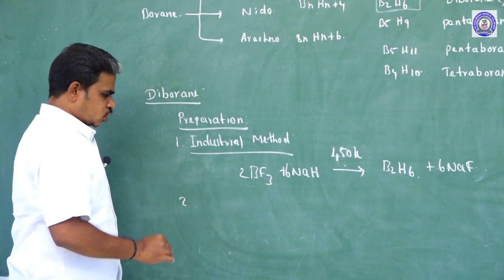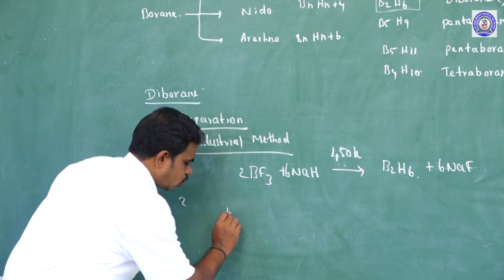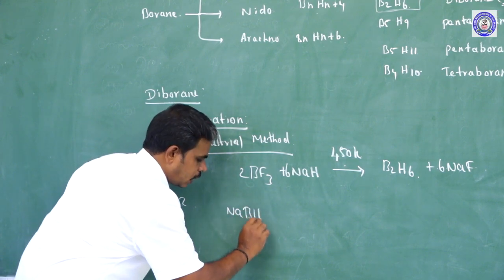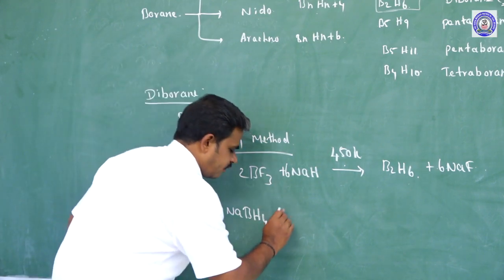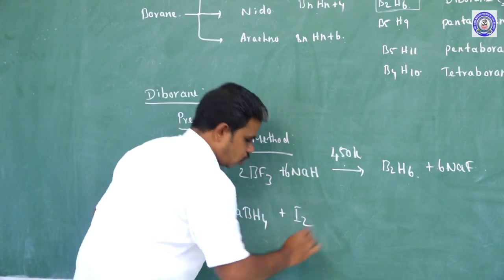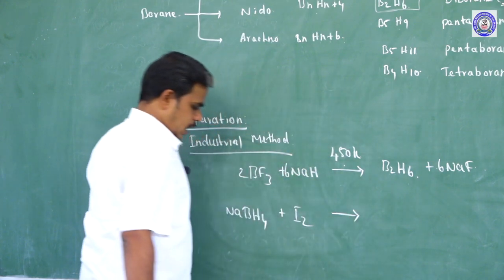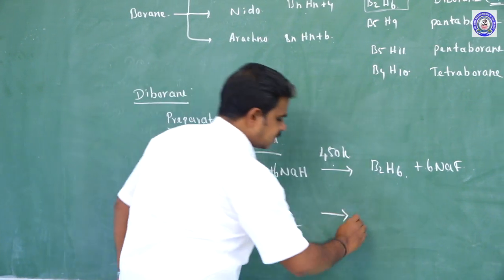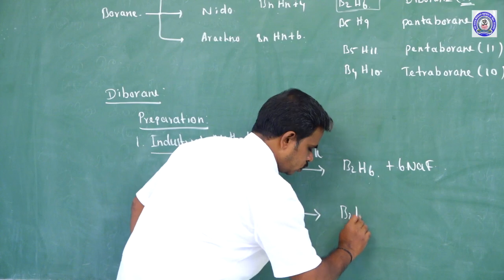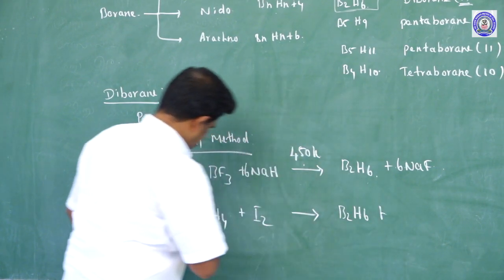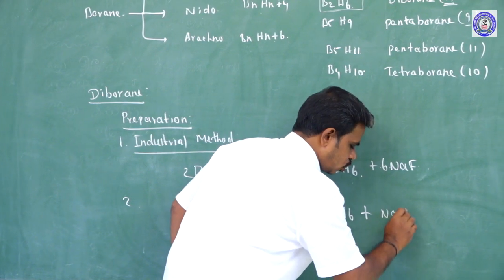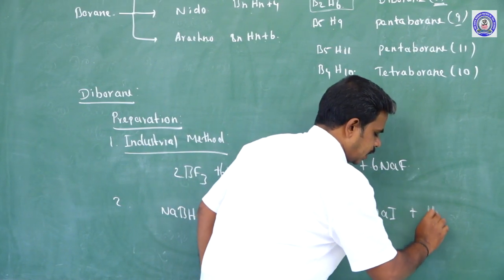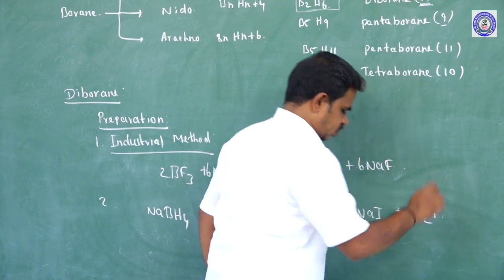Then it is also prepared from sodium borohydride. Sodium borohydride when reacted with iodine gives B2H6, sodium iodide and liberation of hydrogen.